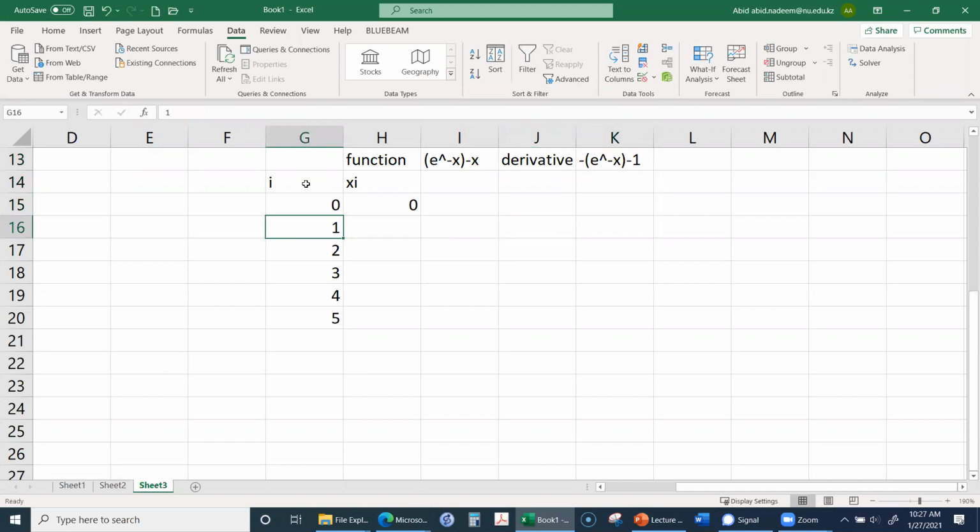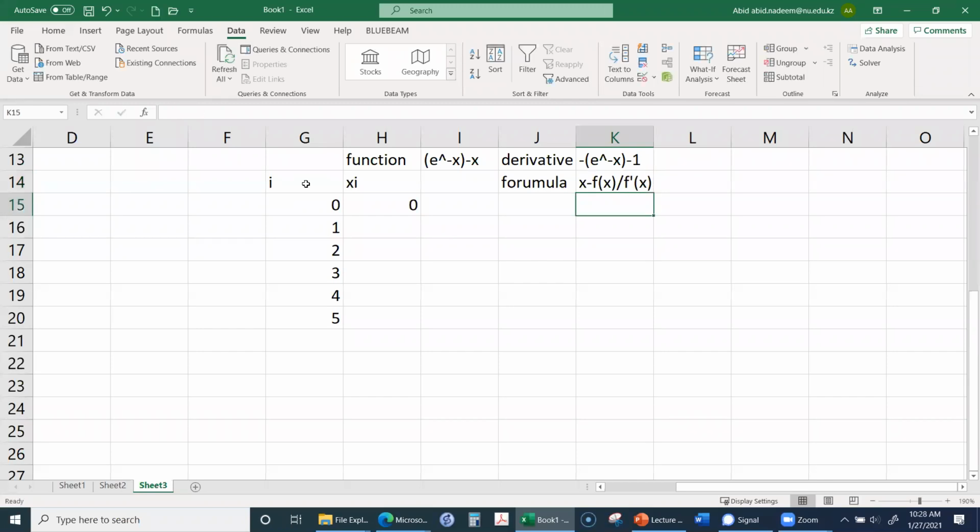So we have to evaluate over here. The formula for the Newton-Raphson method is x minus f of x divided by f prime of x.